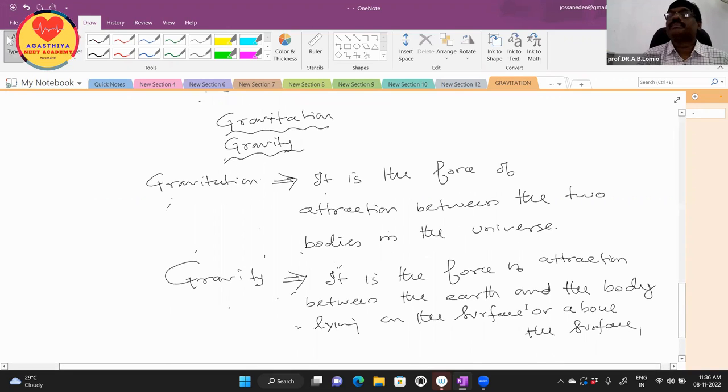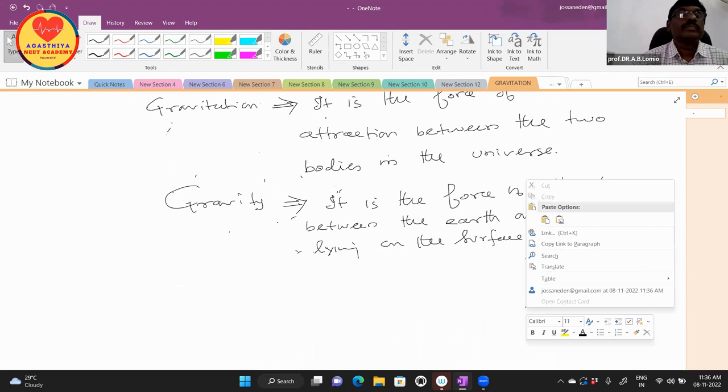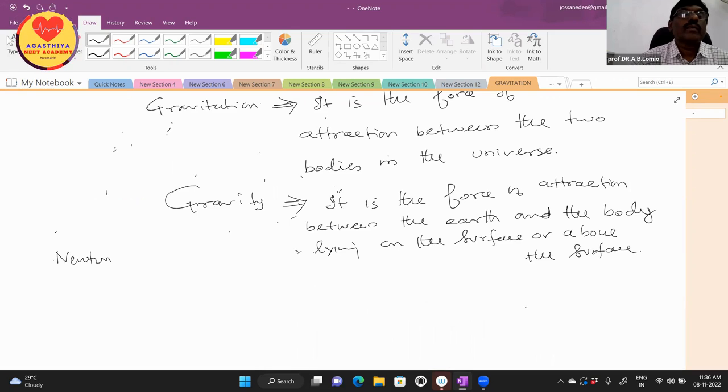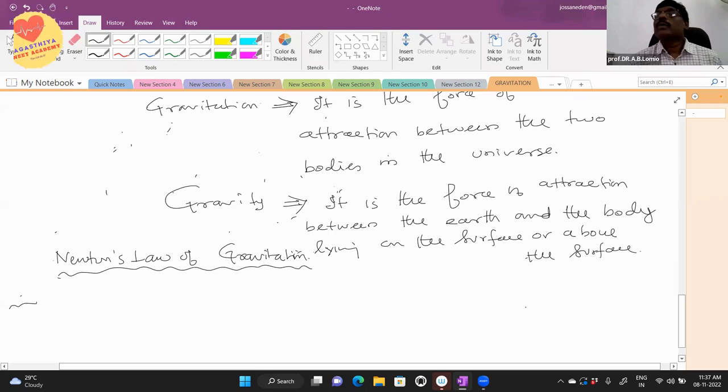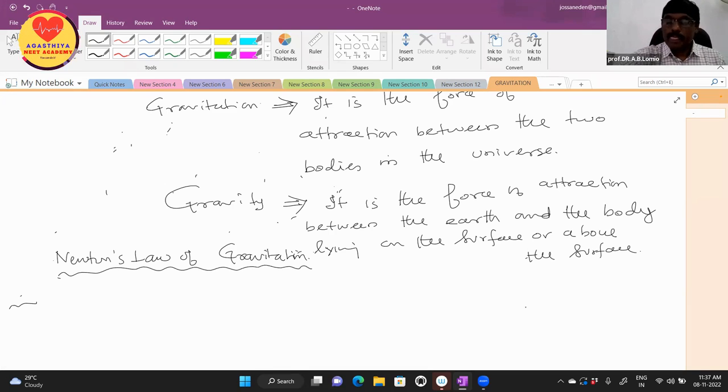According to Newton's law of gravitation, every body in the universe attracts every other body with a force which is directly proportional to the mass of the two bodies and inversely proportional to the square of the distance between the two bodies.